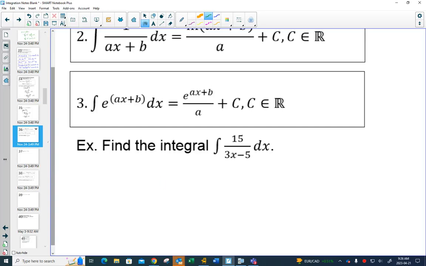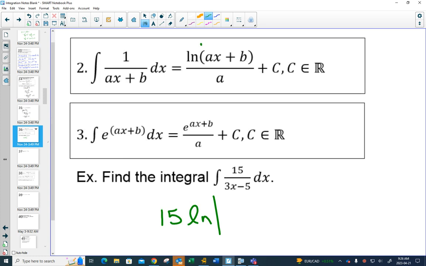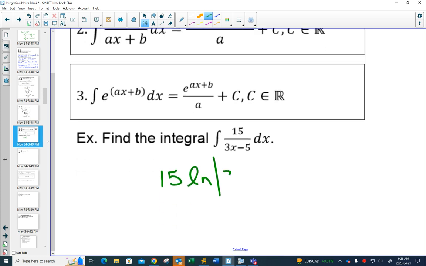So the 15 is just a constant. Natural log of, technically we should put this in absolute values. You can add the absolute values there. Absolute value of 3x minus 5. And then because you would have chain rule, we'll have to divide by 3 as well, plus c.